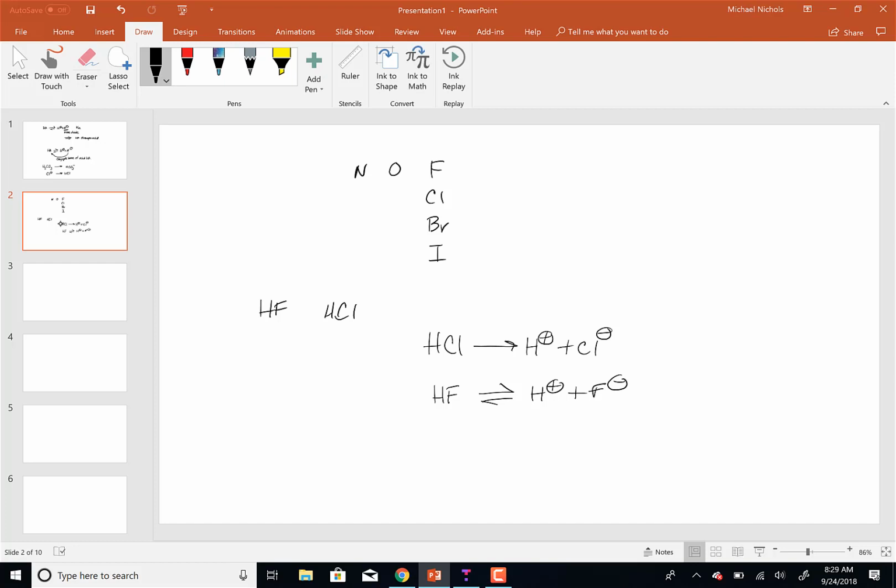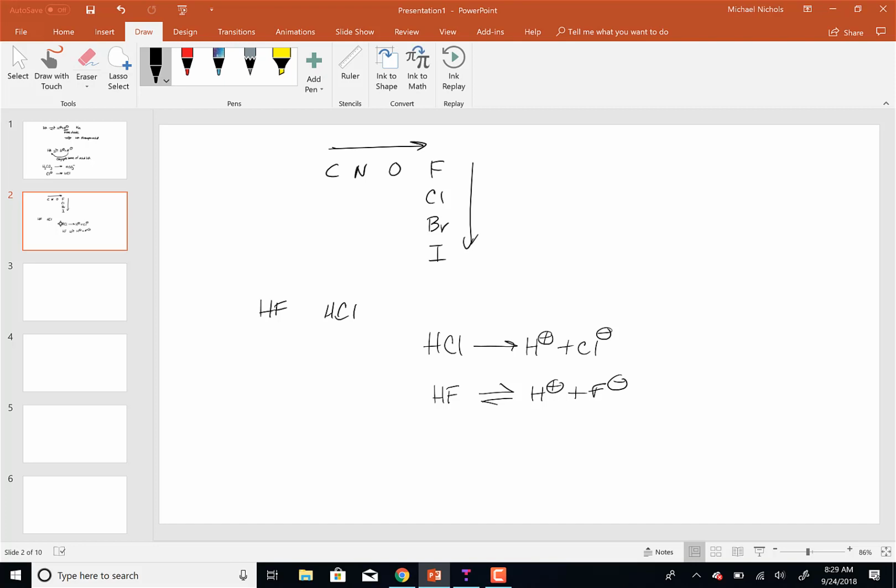It doesn't dissociate to form H plus. It grabs a proton to form OH minus. And carbon doesn't do anything in water. It doesn't dissociate. So our acid strength goes this way, acid strength that way.